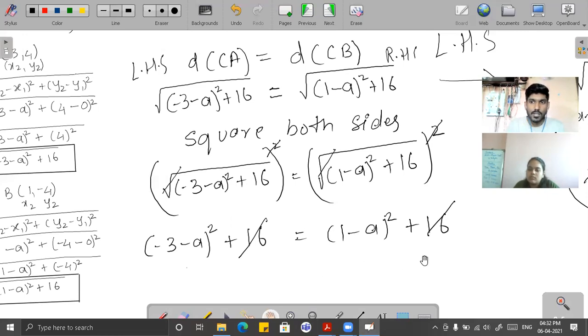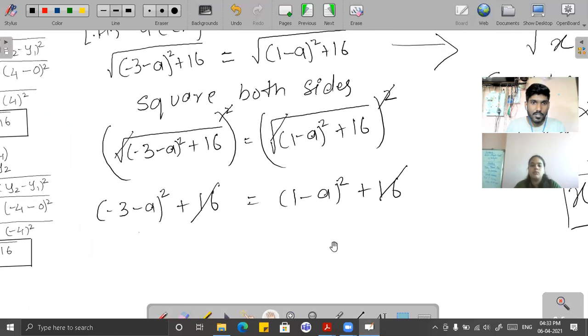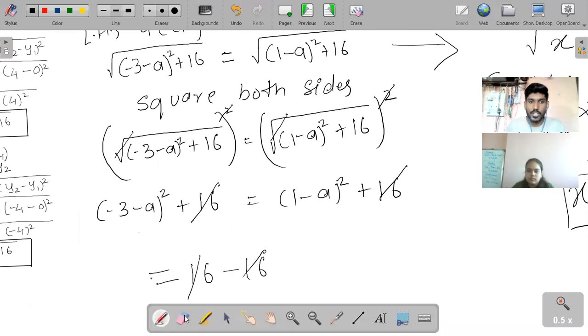Suppose if you had plus 16 and minus 16 on only one side of the equal to sign, say on the LHS, one is plus and one is negative, then you can cancel it. But when it is on either side of the equal to sign, one on the left hand side and one on the right hand side, then you can also cancel.